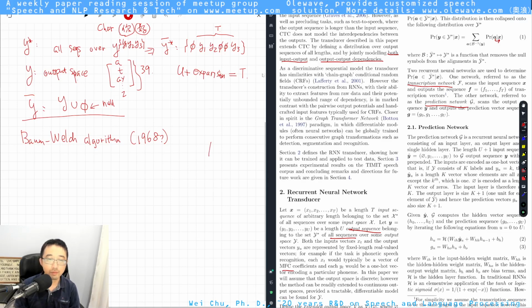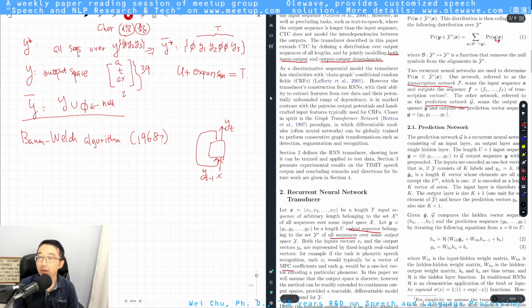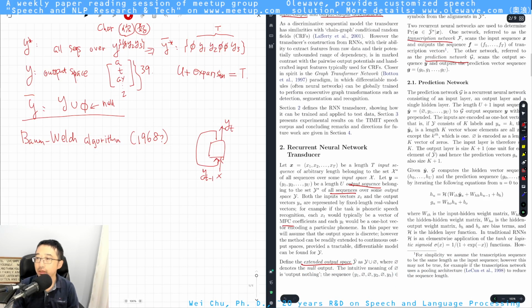Whenever they talk about RNN-T, they just draw the current input, the output of the previous time point, and the output Y. It's wrong. It's not just one network, it's actually two networks. The first network is called a transcription network. The second one is a prediction network. Because the prediction network is relatively simpler, he talks about it first. So what is a prediction network?